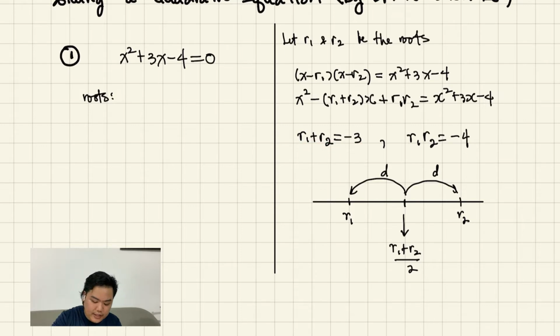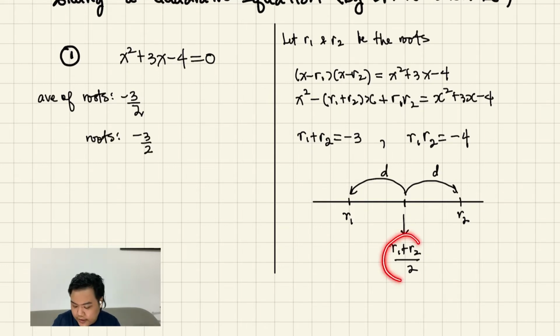So, yung average ng roots is negative 3 over 2. So, yung actual roots na hinahanap natin are negative 3 over 2 minus D, tapos yung isa naman, negative 3 over 2 plus D.